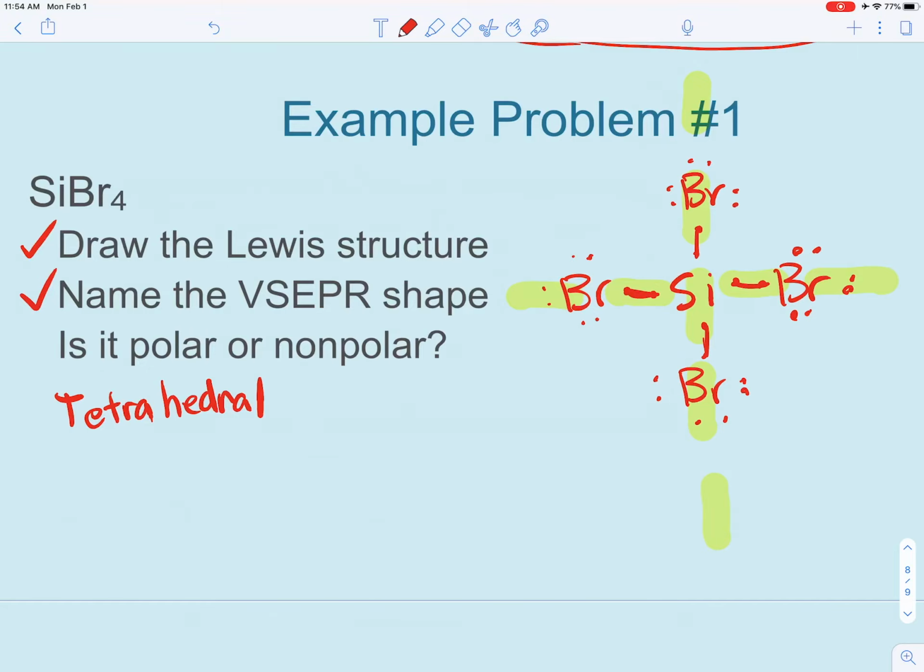If they're pulling with equal strength and the electrons are being shared equally, then this is what we consider nonpolar. So in other words, nonpolar, we see that it is symmetrical. Okay, and that's why it's important to draw out these shapes.